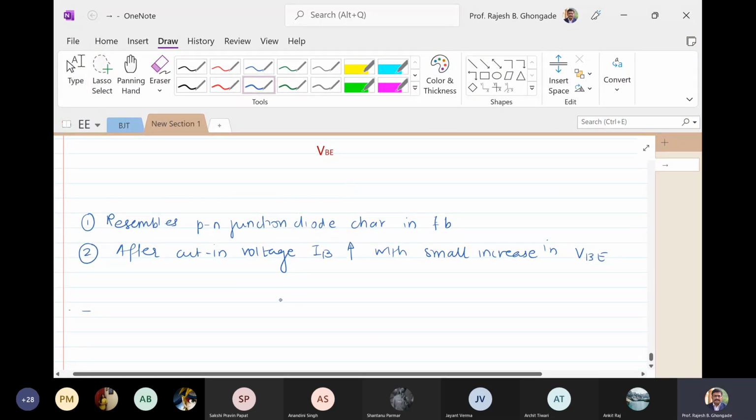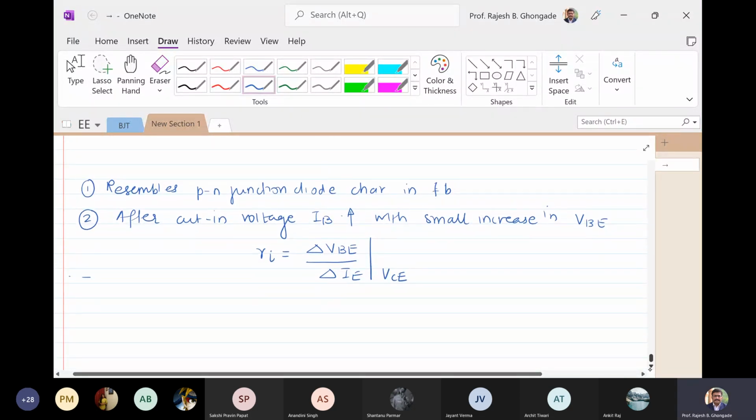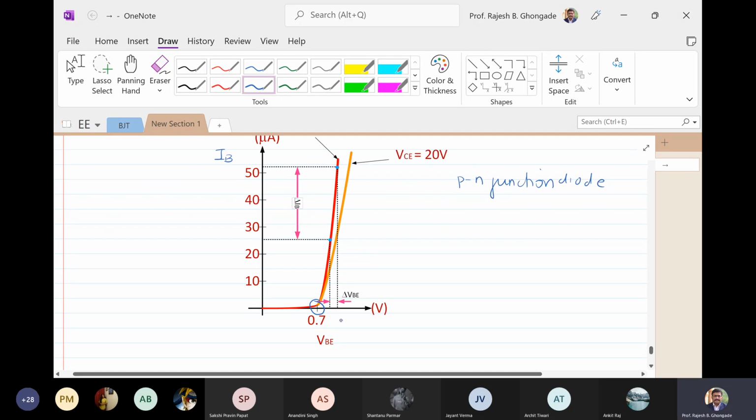So what can you say about the input resistance, Ri? Just like what we had done for common base, it will be delta VBE divided by delta IB when VCE is constant. From the figure itself, you will see the comparative value of delta VBE is small, whereas the value for IB is large.